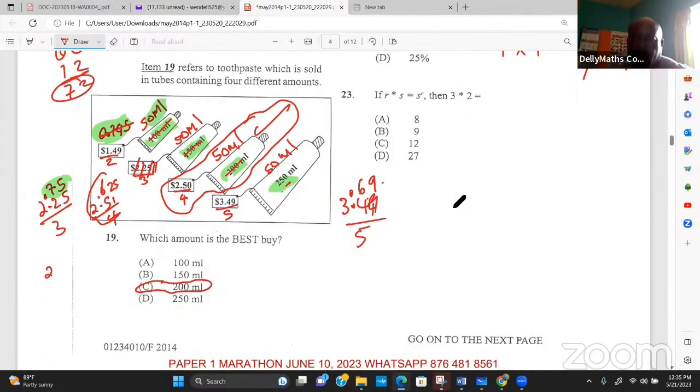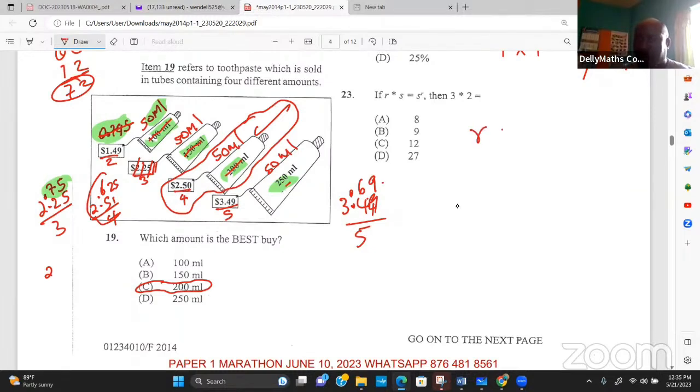All right, it says if R asterisk S means S raised to the power of R, then 3 asterisk 2. Now let's do a quick substitution. I'm suggesting that you organize them.